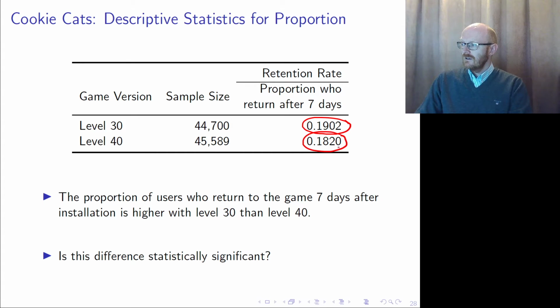If we change the gate to level 30, we think that a higher percentage will return to the game 7 days after installation. But is this difference significant? We have to look into that.